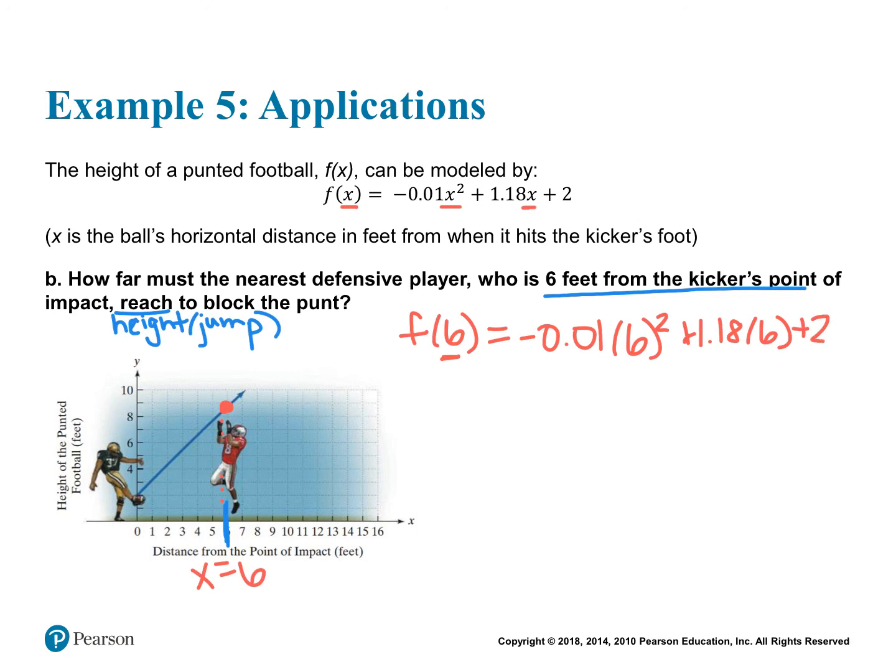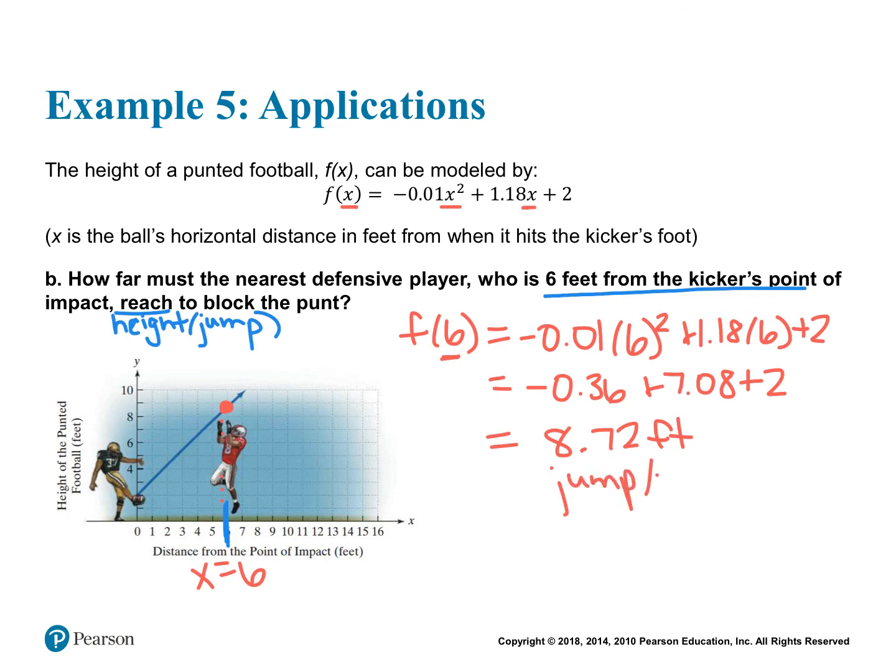And when you solve that out, you get negative 0.36 plus 7.08 plus 2, which is 8.72 feet. So that's how far he has to jump or reach to block the punt.